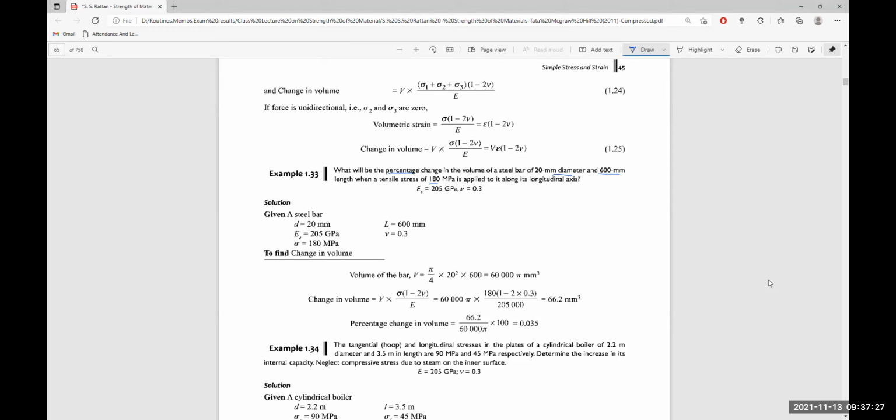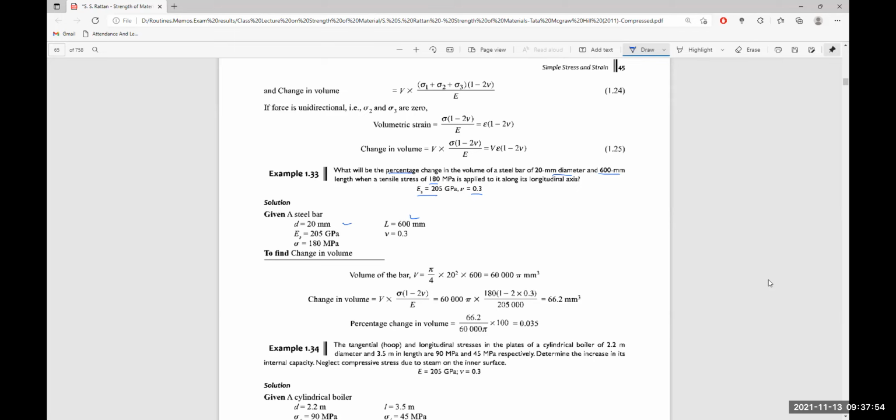Given E, the constant of proportionality, is 205 GPa, and nu, the Poisson's ratio, is given as 0.3. The dimension of the bar is given, diameter and length, so you can have the volume, pi by 4 d squared into length itself, 60,000 pi millimeter cube.